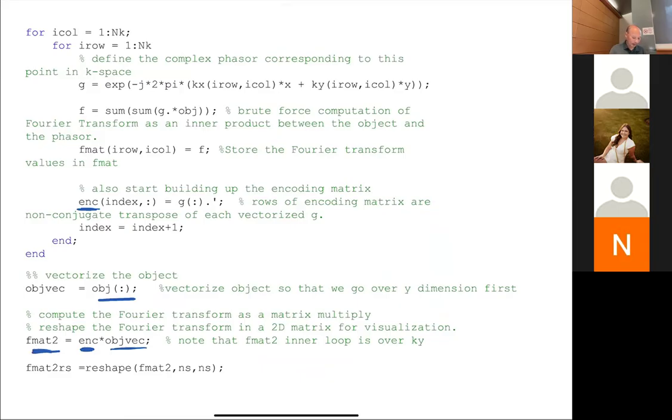And this gives me my vectorized 2D transform. And if I want to, I could always convert it back to my traditional form by reshaping the matrix. Okay. So that's just showing you how we do it in MATLAB. And you can see that two-dimensional form: you've got e to the minus j 2 pi, kx of n times x, ky times y. Okay. So just showing you how things look under the hood.